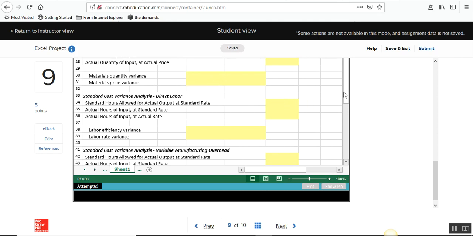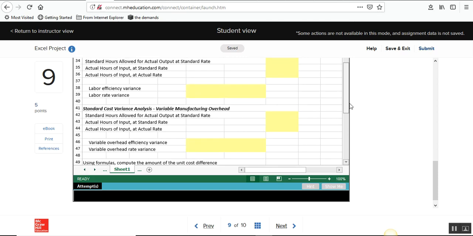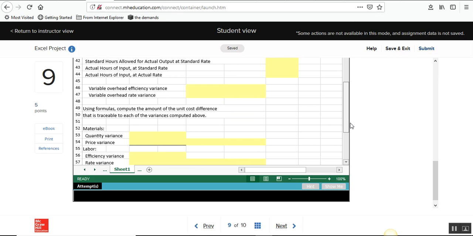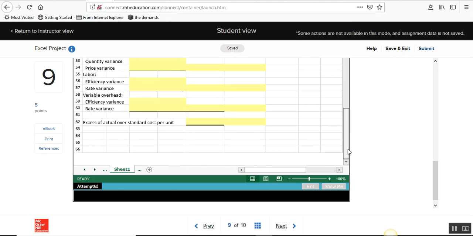For direct labor, you're going to look at the hours variance and so on, and then variable manufacturing overhead, you'll look at that as well. Like I said, I'll have a video specifically for chapter 10 very soon. You'll be able to see that.